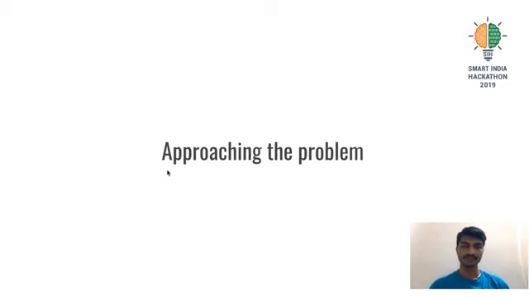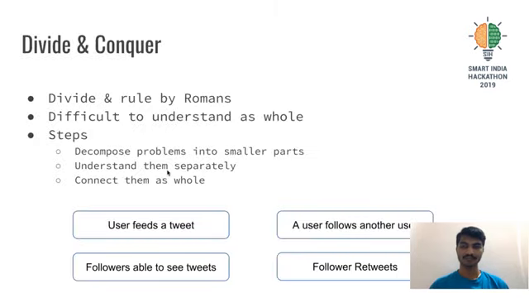There are so many ways and practices followed in the industry, and one of the easiest ways we follow is divide and conquer. Divide and conquer is not a new thing. It's a very old technique which has been used for centuries.